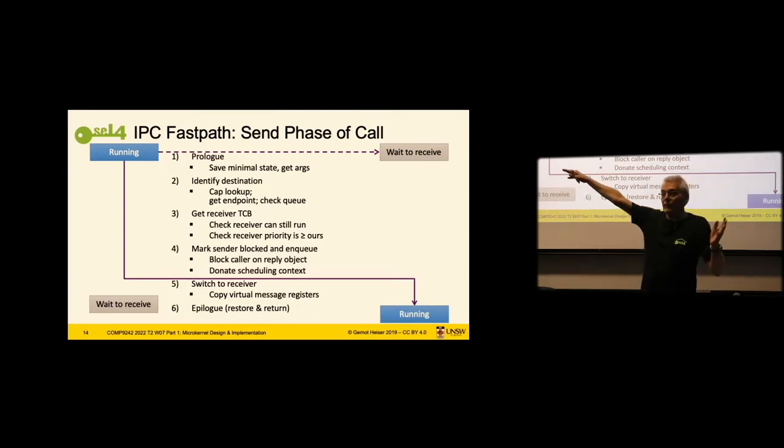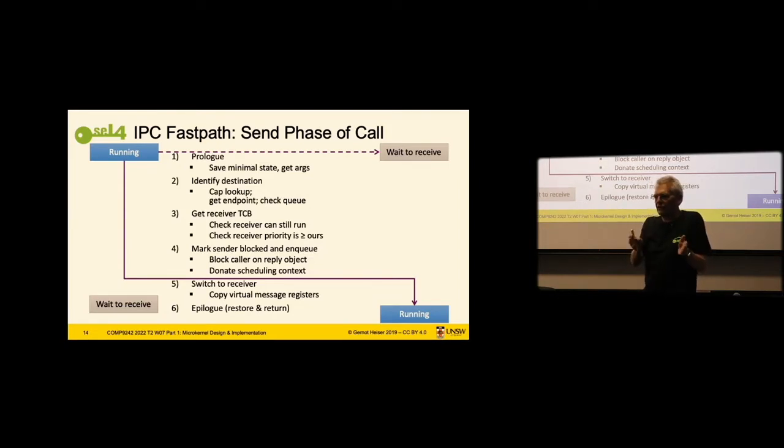Then we are done with everything we had to prepare, and now what we need to do is the context switch, which is obviously switching the register context. If the message exceeds the message registers that are mapped on physical registers, then we need to do actual copying of the virtual registers into the IPC buffer.